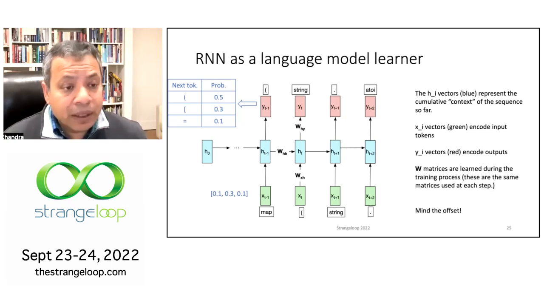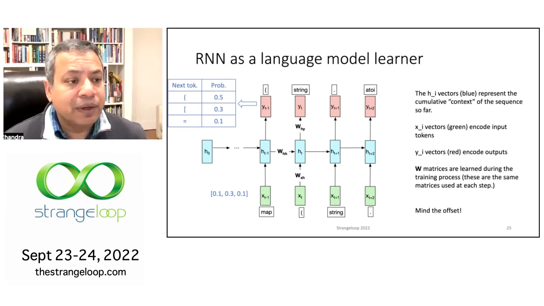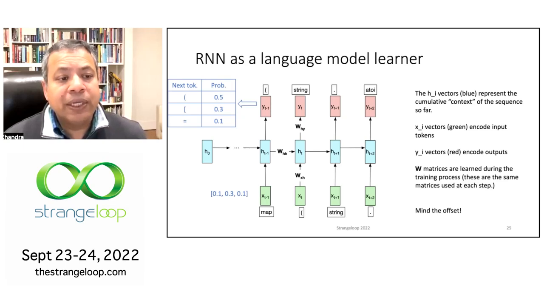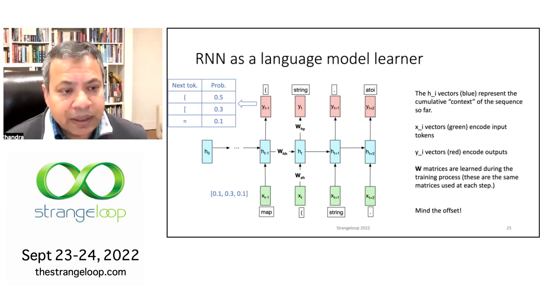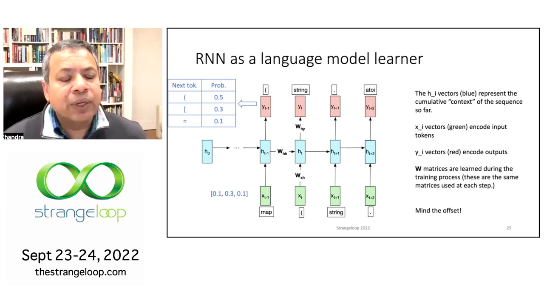Now, the learning part, because we want to talk about how it learns, is, let's say initially it actually gives some kind of a random ordering. Maybe the highest probability thing shows up as something other than the open paren. So now, because during training we know that open paren is the right answer in this case, we are going to create a signal saying that, hey, I wanted the probability of the open paren to be highest in this particular context.